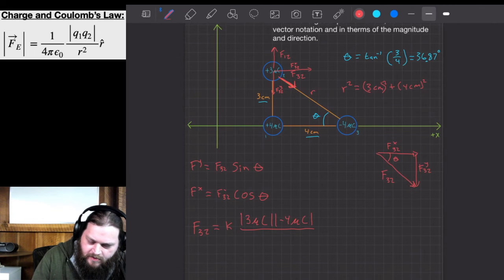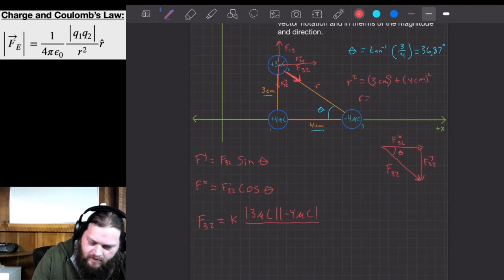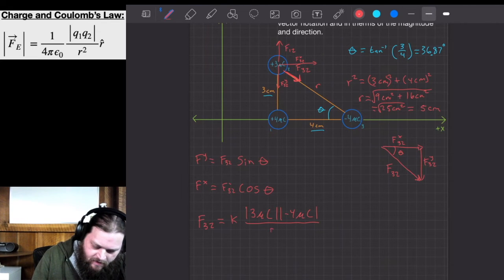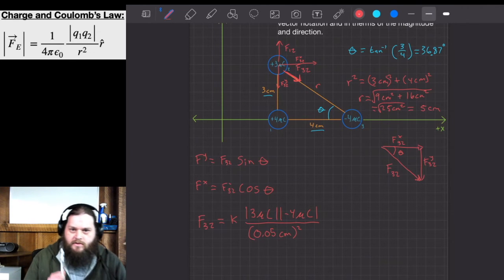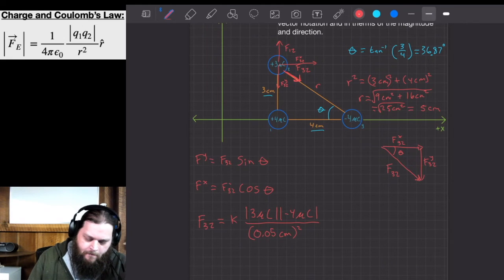Or we can take the square root of both sides. That's going to be r is equal to the square root of 9 centimeters squared plus 16 centimeters squared, which is equal to 25 centimeters squared. The square root of that is going to be 5 centimeters. So down here I can make this 5, and I'll make this 0.05 meters. And we're going to square it because the value for r is squared for the Coulomb force.